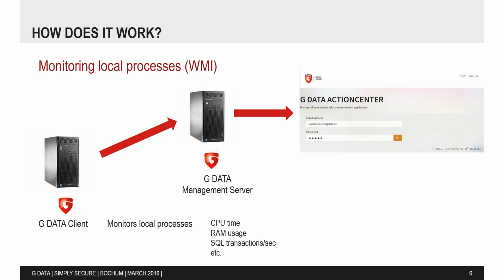And in this case, you have to install the GData client on that machine to monitor those local processes. That GData client will then pass that information on to the management server, and the management server in turn passes that on to the GData Action Center.